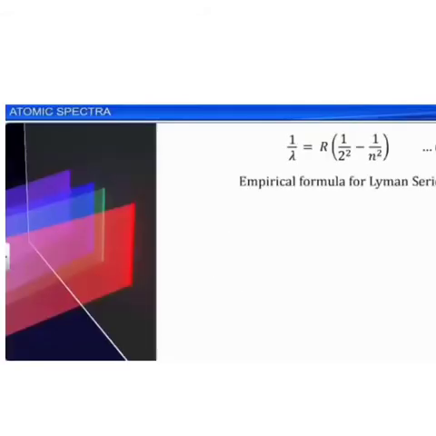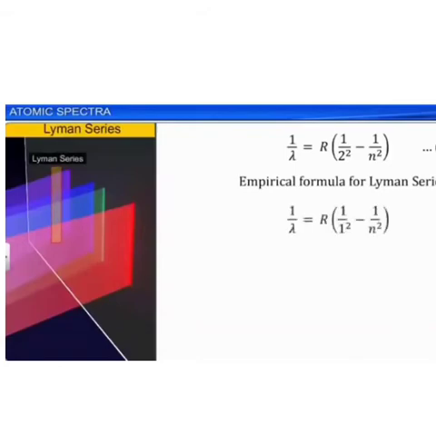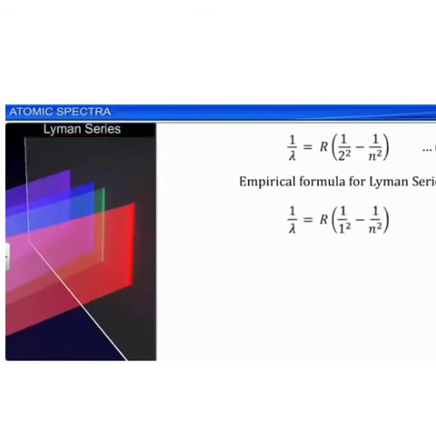The empirical formula for the Lyman series is 1/lambda = R (1/1² − 1/n²). Here, n is equal to 2, 3, 4, and so on, up to infinity. Let this be equation number 2.